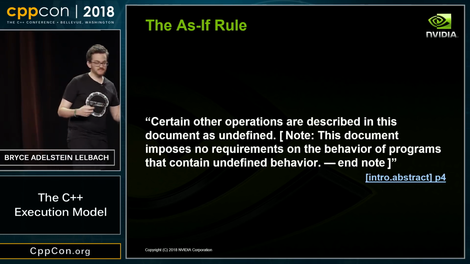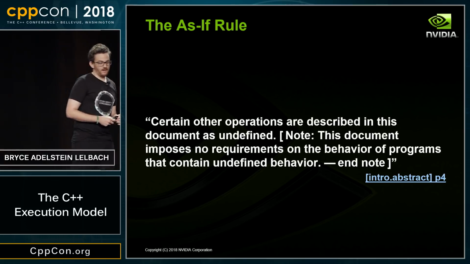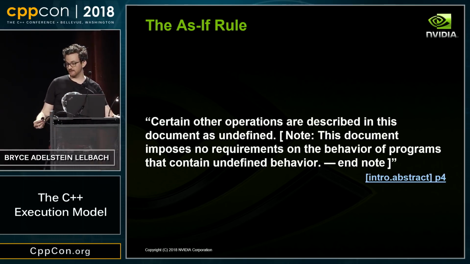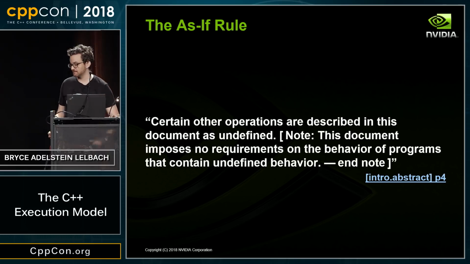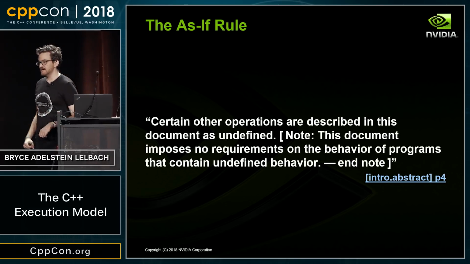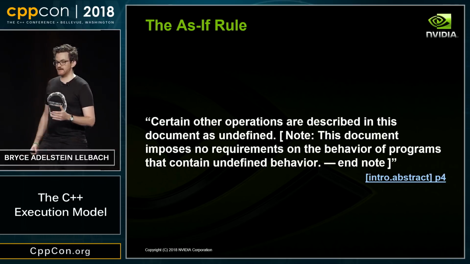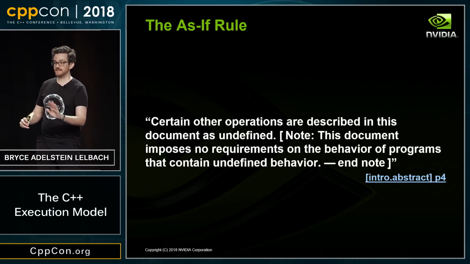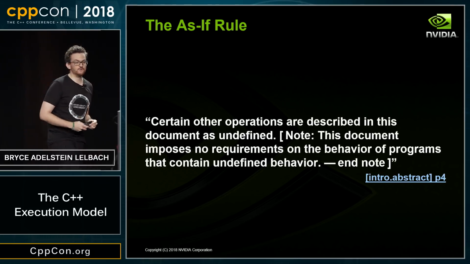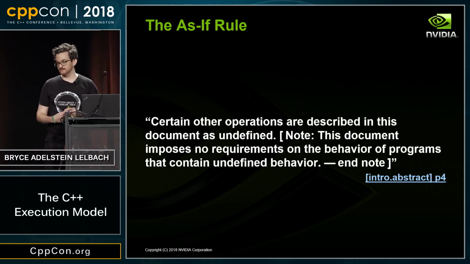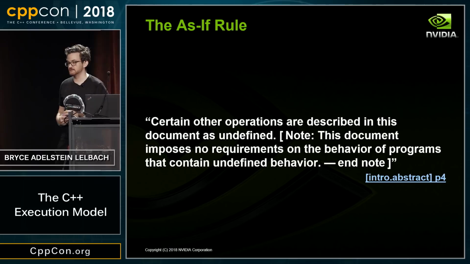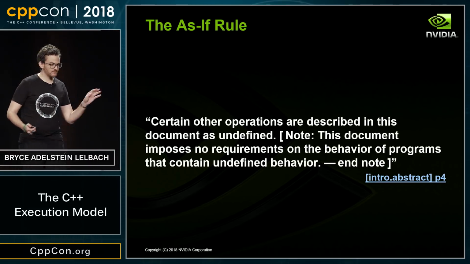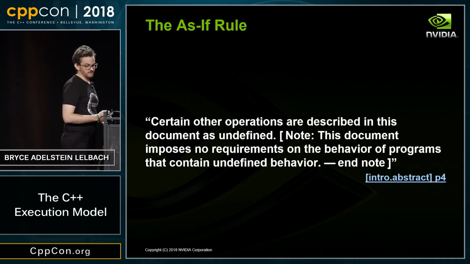There are certain semantics specified in the standard, and your implementation has to abide by those requirements. But if you can make an optimization where you cannot observe that it's sort of cheated, then that's fine. And if you could observe that it cheated in a conforming implementation, you could only observe it through undefined behavior. This will come up a couple times in the talk.